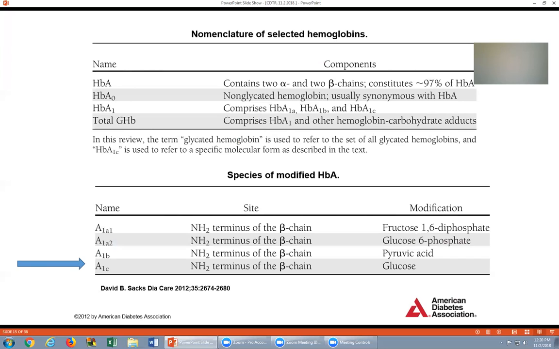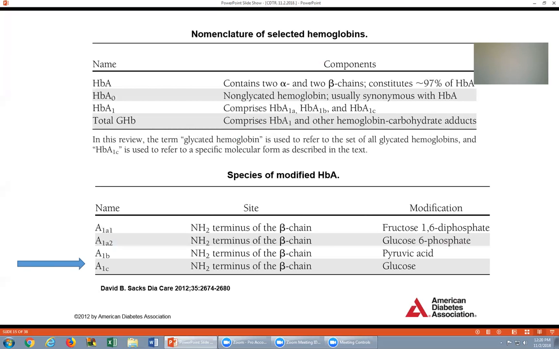And that's when I learn that actually there's hemoglobin A, which has the 2 alpha and the 2 beta chains. And then there's an A0 and A1, and there's a totally different thing which is called total glycated hemoglobin. Okay, so you have that also.